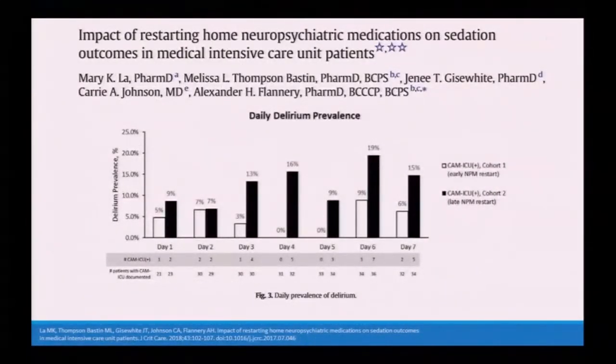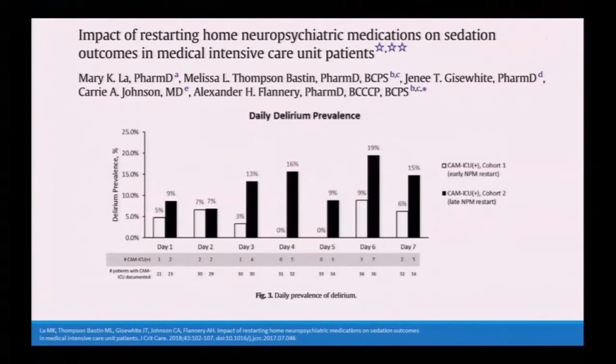And then another study looked at the impact of restarting home medications, specifically neuropsychiatric medications, on delirium and sedation outcomes. So as you can see, the white bars are the patients who were started on their neuropsychiatric meds earlier, whereas the black are patients who were started late.